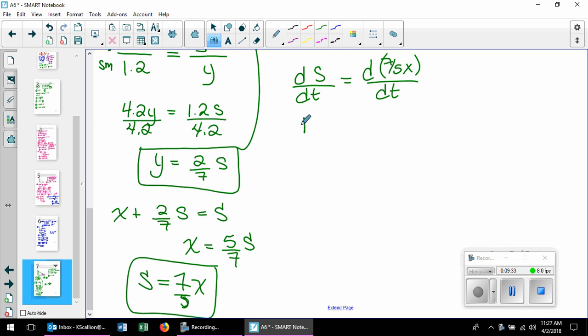So what is ds over dt? What's the derivative of that? 7/5. And what's it multiplied by? Dx over dt, do we know this?